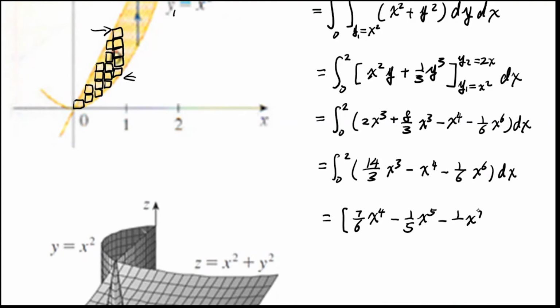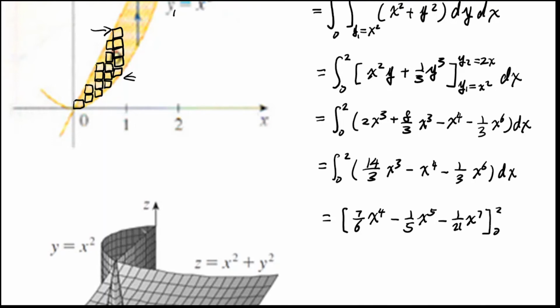I think instead of 1/6, it was supposed to be 1/3. Oh my god, why did I put 1/6? Nice catch. So this is 1/3, which means 21 now, right?